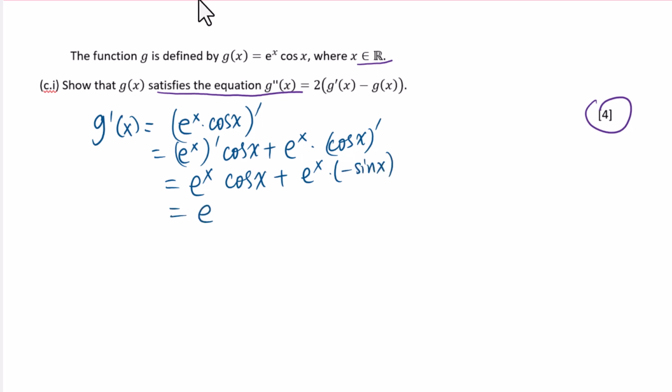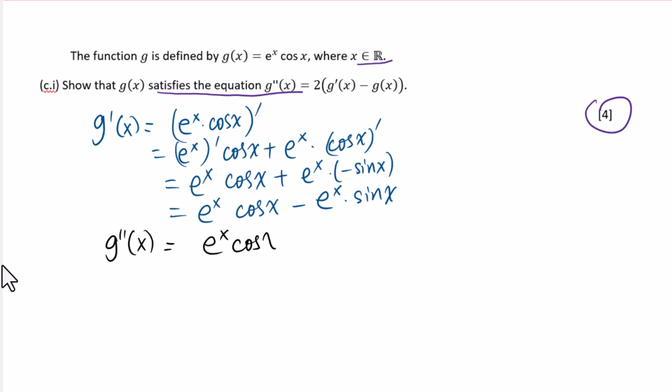Organize: e to the x power times cosine x minus e to the x power times sine x. Then g double prime of x equals e to the x power cosine x prime minus e to the x power times sine x prime.